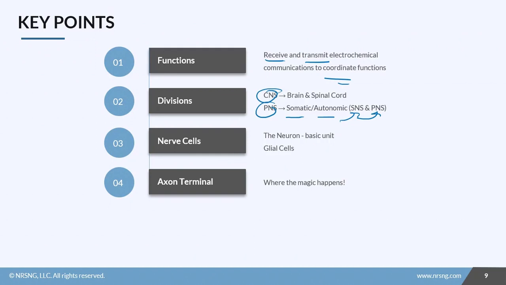We have the neuron, which is the basic unit, basic cell of the nervous system, as well as some glial cells that are found in the central nervous system. And remember, at the end of the neuron is the axon terminal, and this is where all of the magic happens to send the signals to other neurons or to the target cells. Make sure you check out the nerve transmission lesson to see more details about how that happens.